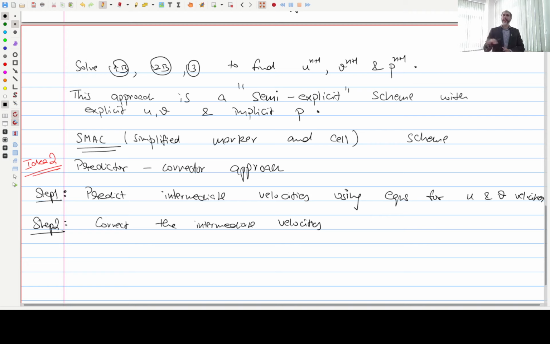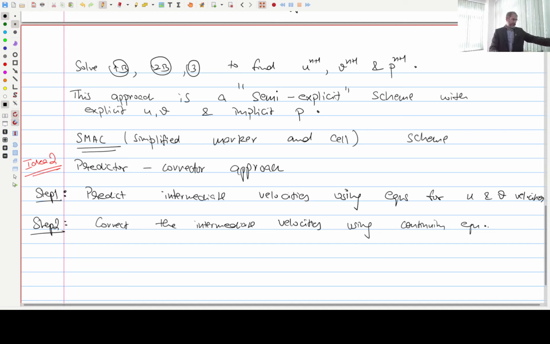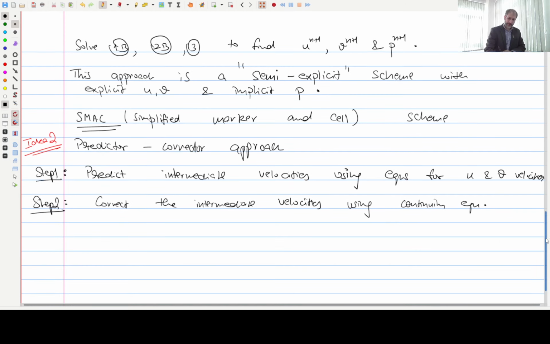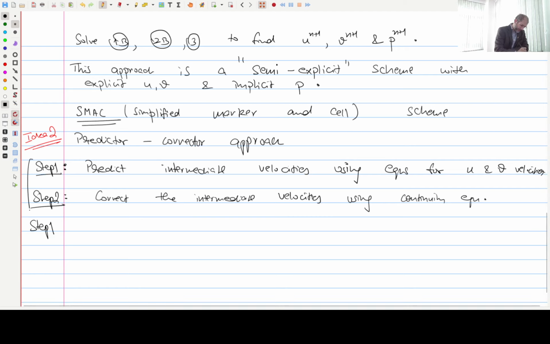But we'll have to correct those predicted values using the continuity equation, so that the continuity equation is satisfied. So you correct the intermediate velocities using, this time, the continuity equation. Without repeating this, I'll show you how we do it in the SMAC scheme, so that it reinforces the idea. Okay, so this is the approach.